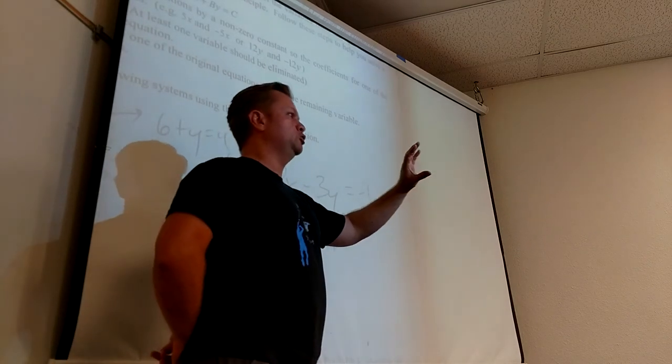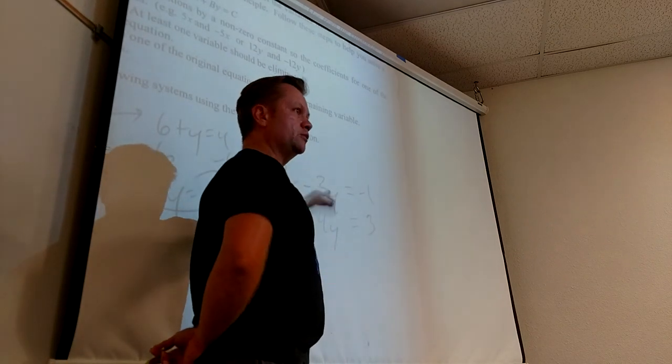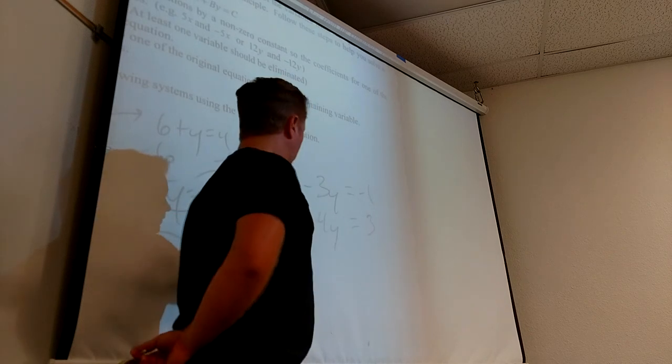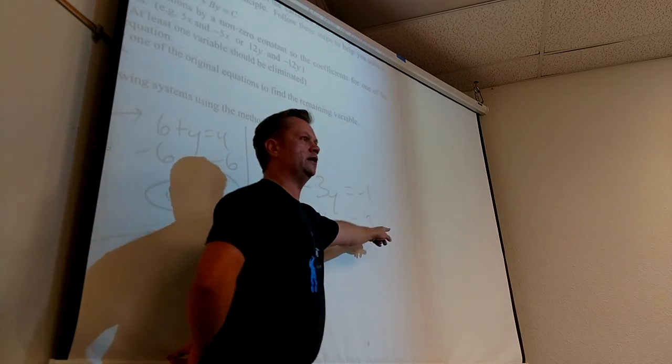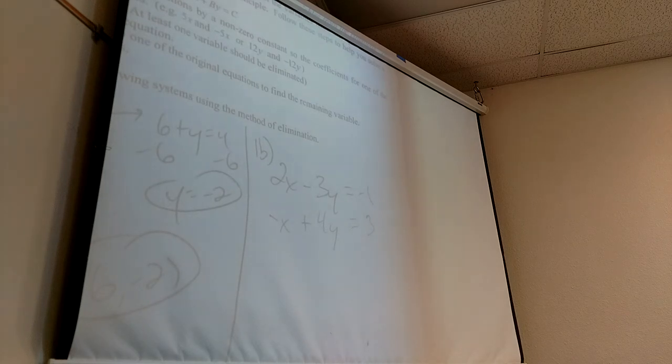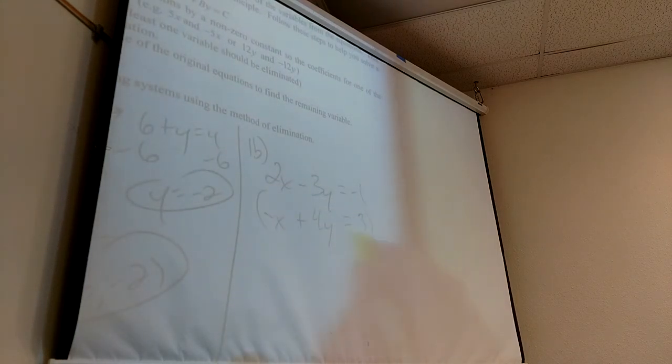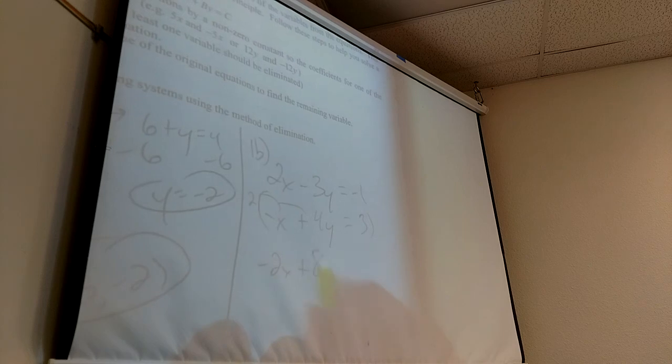Anything you're allowed to do to an equation, you can do on these problems for each individual equation. If I multiply this one by 2 on both sides, what do you get? Negative 2x plus 8y equals 6.